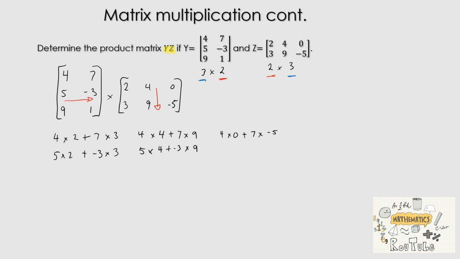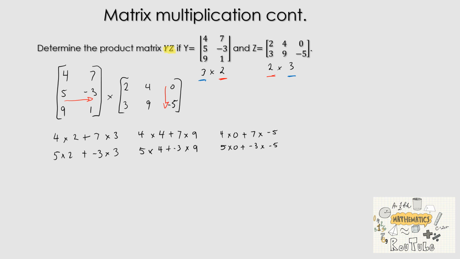And then we stay in the same row, and, probably getting very repetitive now, we're going to dive down the third column. And then we should have 5 times 0 plus negative 3 times negative 5.